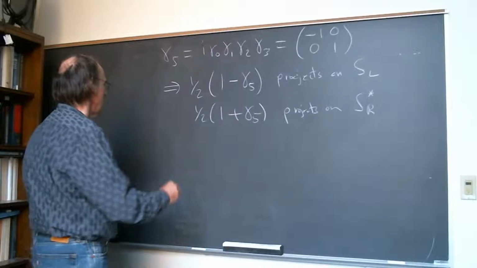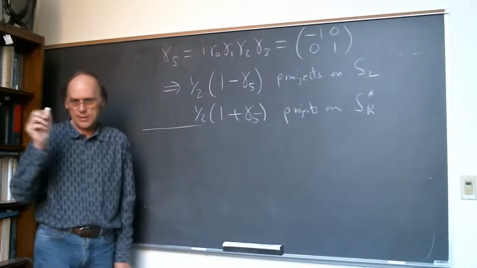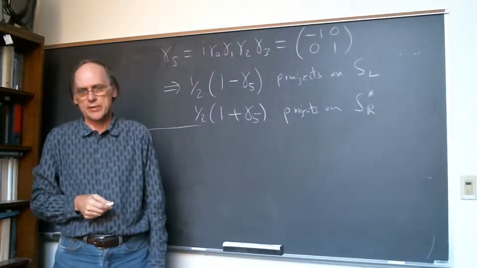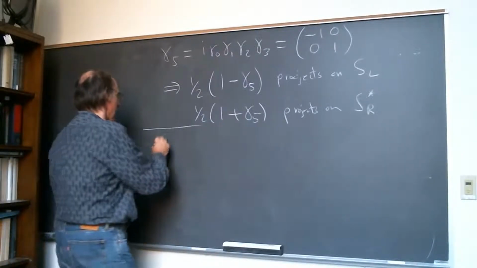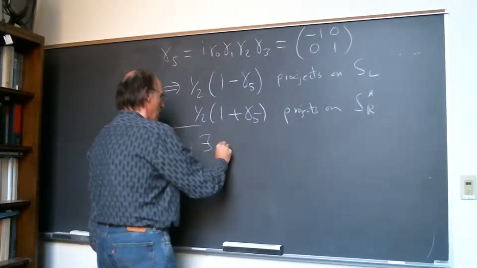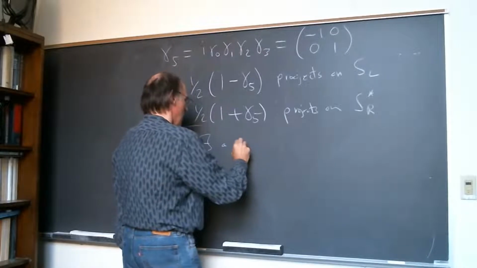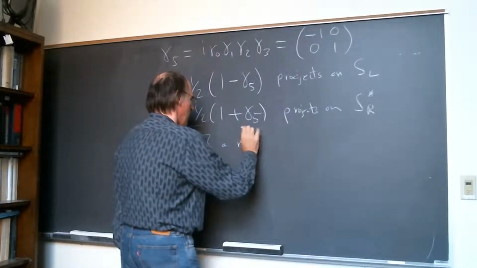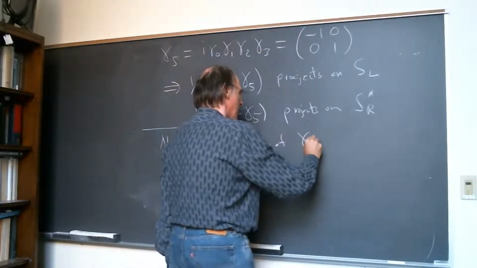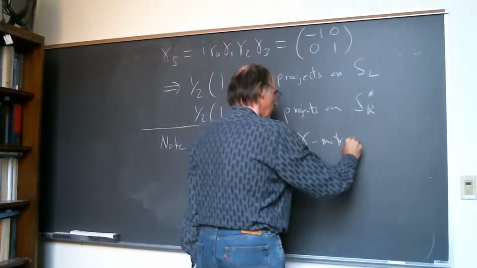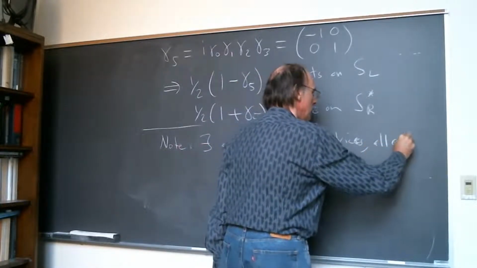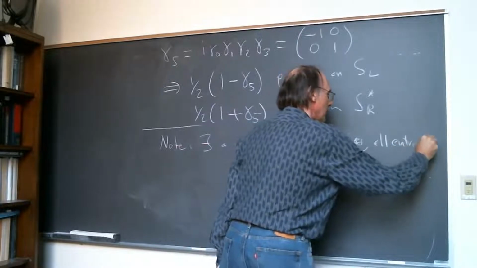I'll get to this later on when we talk more about actual theories of spinor fields. But the other thing to notice is that there exists a choice of gamma matrices that are all entries real.